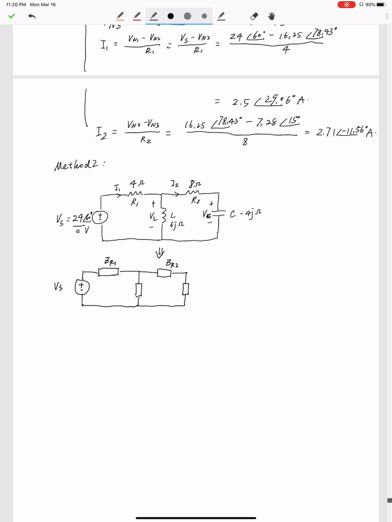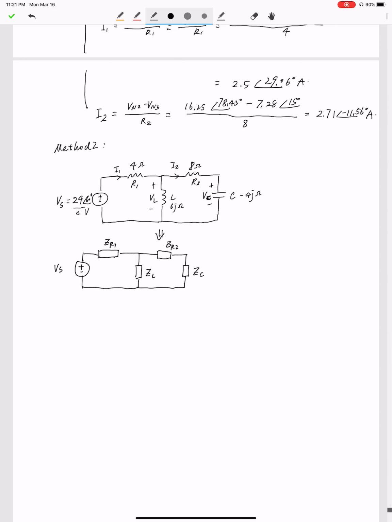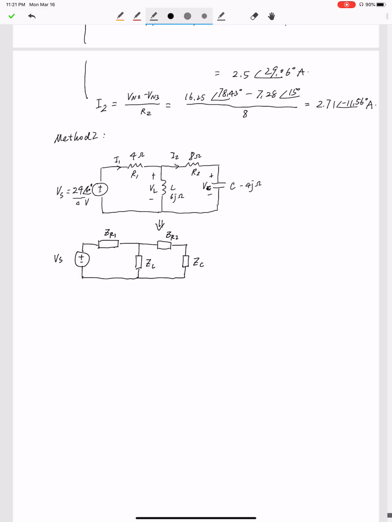And as we mentioned before, to combine impedances, the method is just like combining resistors. For series connections, we sum them together. For parallel connections, we use the formula Z1 to the power of minus 1 plus Z2 to the power of minus 1, and so on to the last one, all together to the power of minus 1, right? That's the complex formula. Alright, so the second method we use to solve this problem is we find the total impedance first.